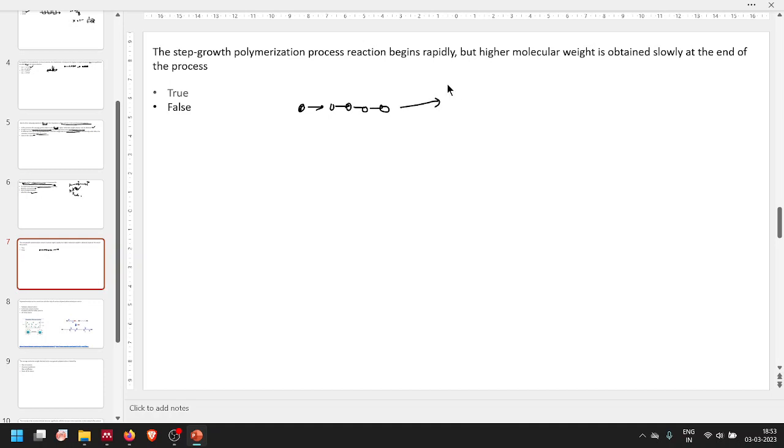But as time goes on, higher molecular weight chains are only formed at the end of the reaction, when the reaction is reaching the equilibrium, where the shift in the equilibrium will stop, and that is the position where the highest molecular weight polymer will be obtained. So this statement is true.